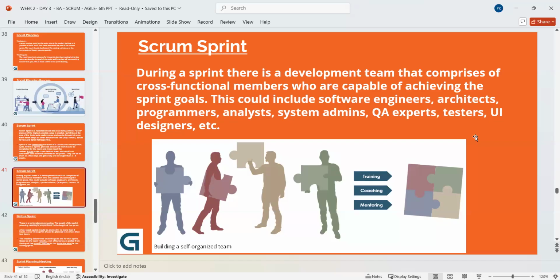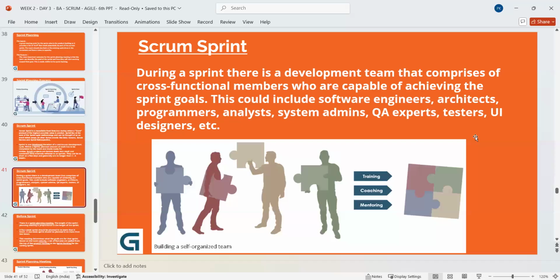If a business analyst has multiple domain understanding, that would be of great help. Or also, a programmer that could also do testing, that could be of great help. So we are looking at people who have more capabilities and skills, not only confined to their specialization. So that is cross-functional.